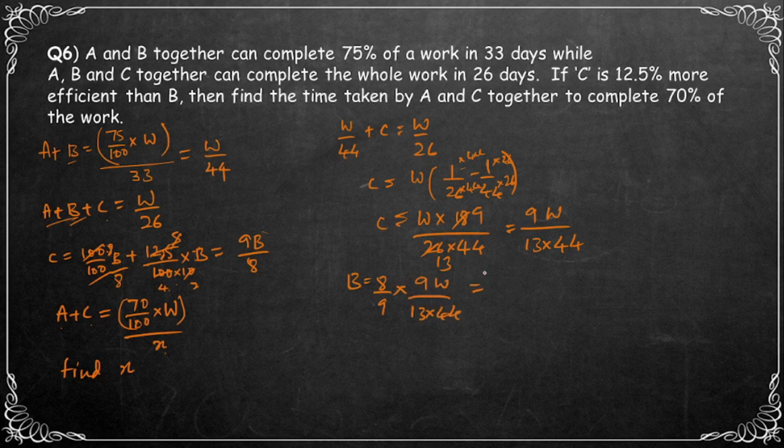So B, 9 cancels, is 8W by 13 into 44. Now we have to solve for A. So A is equal to W by 44 minus B, which is 8W by 13 into 44.